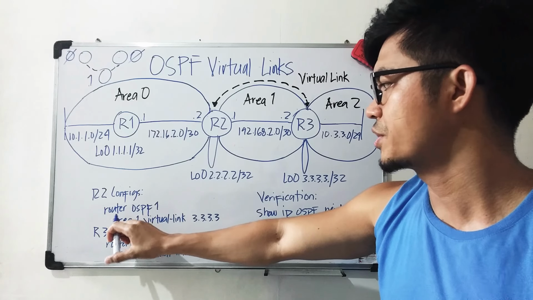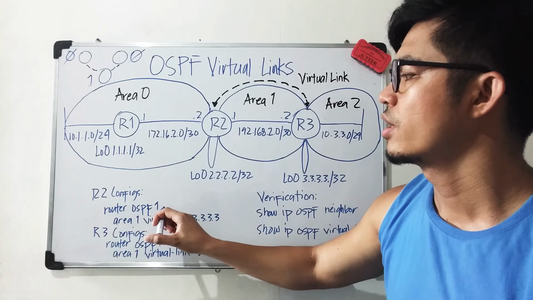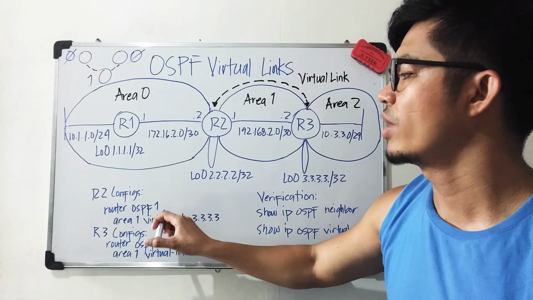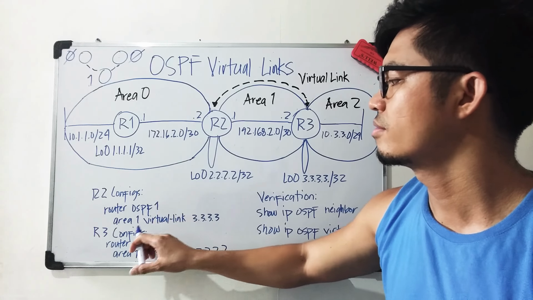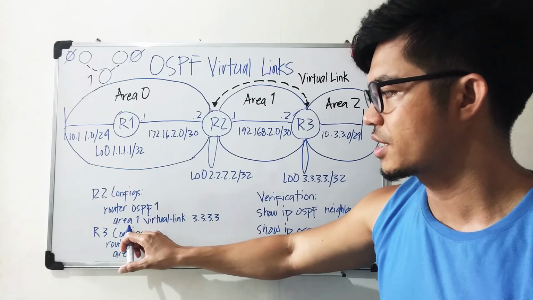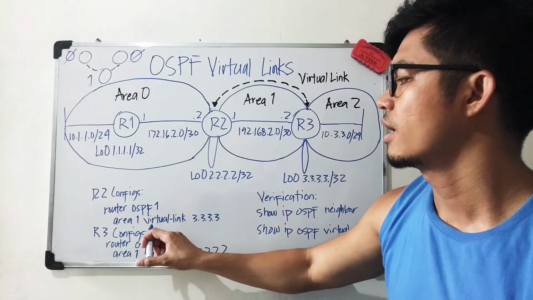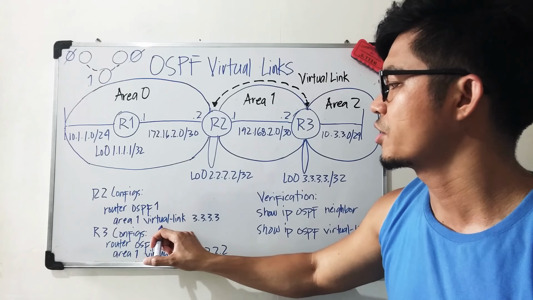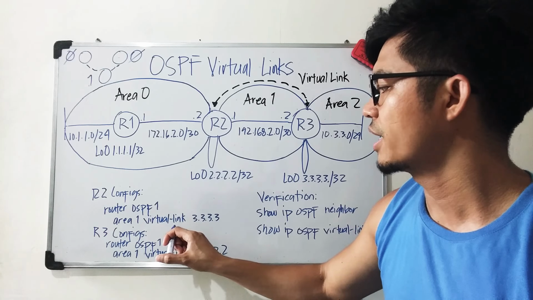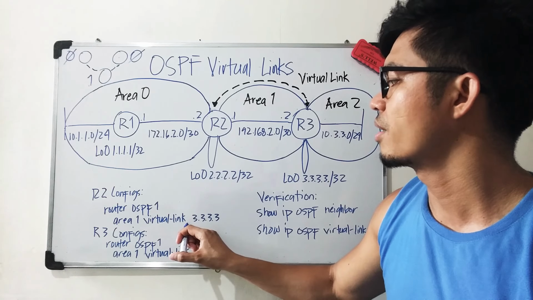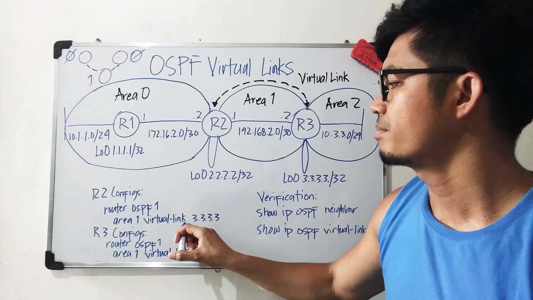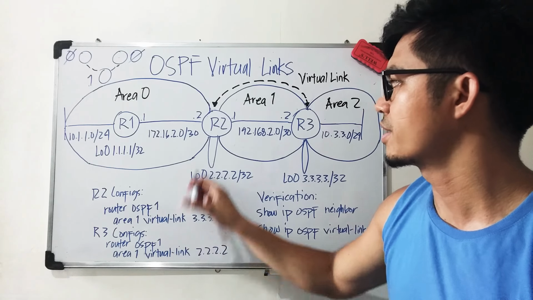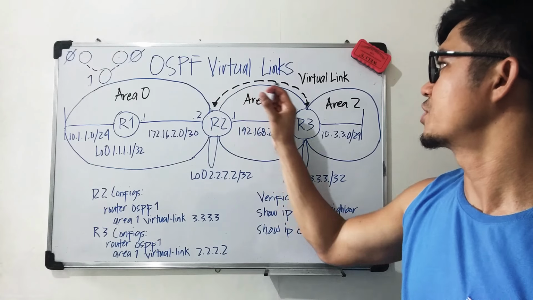You go into your router ospf 1, where 1 is the process ID, then area 1, which is the transit area, and virtual-link. This is where you create your virtual link, with the router ID of the ABR. In this case, you are creating this virtual link here.